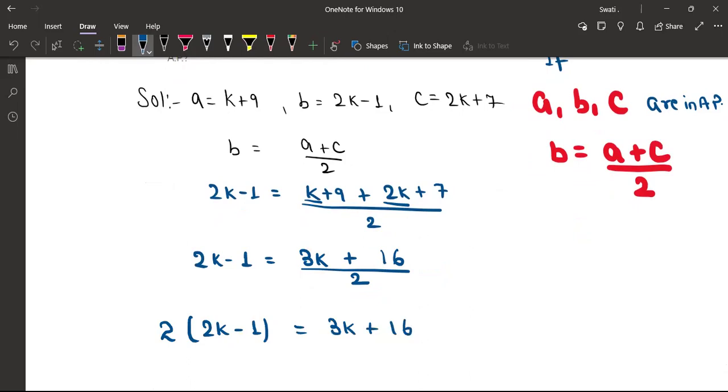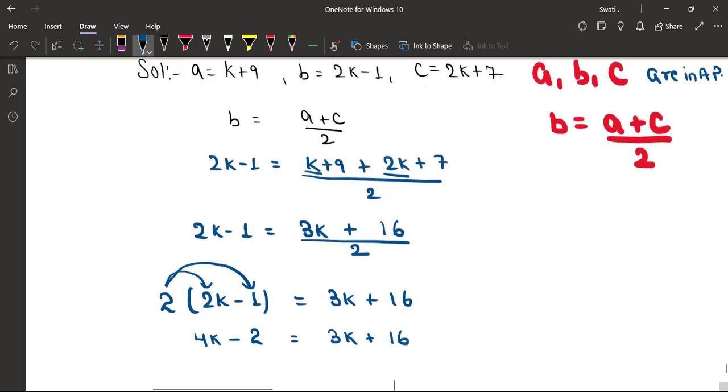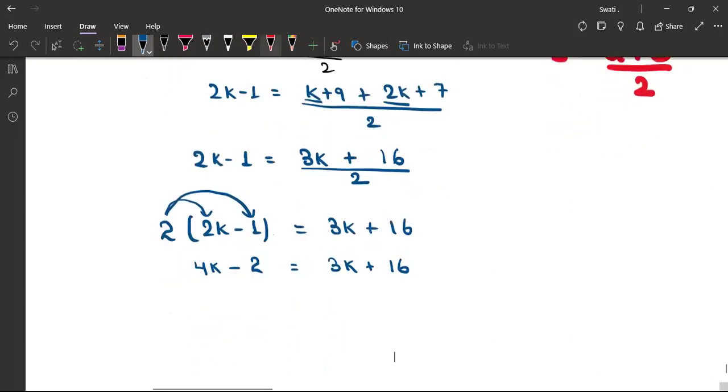Okay. Now इसके बाद तो of course we'll multiply this. What is 2 into 2k? It's 4k. Minus what is 2 into 1? It's 2 is equal to 3k plus 16. यहाँ पे माना we have to find out the value of k. So of course k वाले terms from together साथ में लिखेंगे, right?